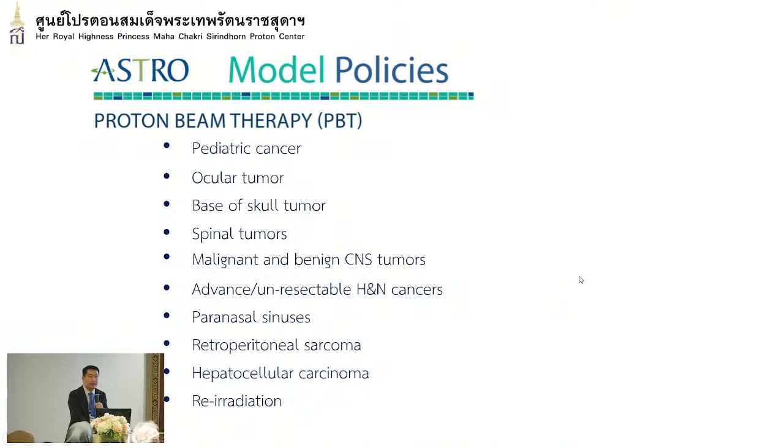It's just like pediatric patients, that means children with cancer, ocular tumor, as Martin already told us, base of skull tumor, spinal tumor, malignant and benign brain tumor, advanced unresectable head and neck cancer, paranasal sinuses, retroperitoneal sarcoma, hepatocellular carcinoma, that is cancer of the liver, and reirradiation.